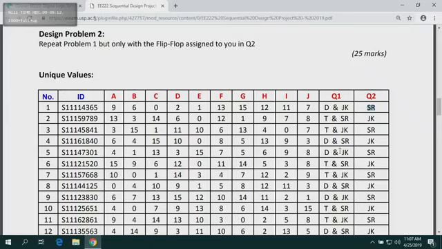So 15 would occupy 4 bits. 15 is a 4-bit number. So therefore he would need 4 flip-flops. But in solving question 2, there's only one type of flip-flop, which means he would need 4 SR flip-flops, right? Okay, so maybe start off with question 2 because only one type of flip-flop is required.